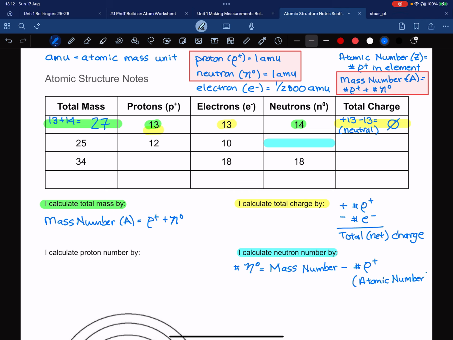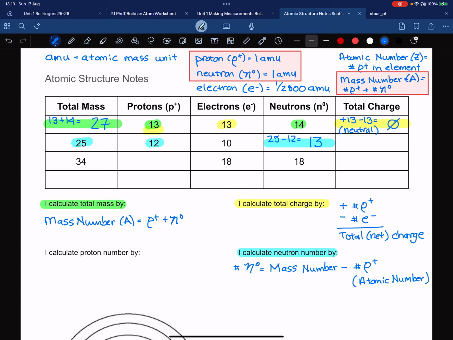Saying the same thing. So in this case, my total mass, or my mass number, is 25. My number of protons is 12. So my number of neutrons is going to be 25 total mass minus 12 number of protons is going to be equal to 13.